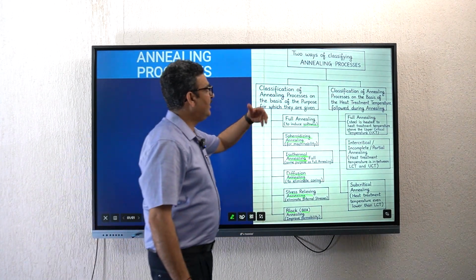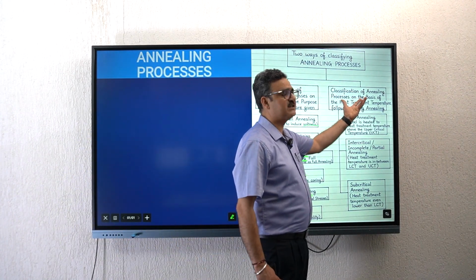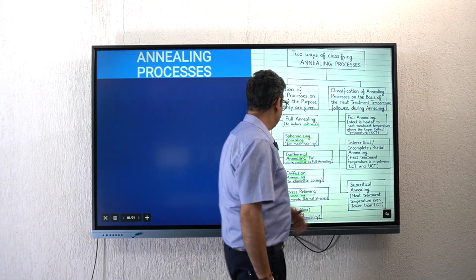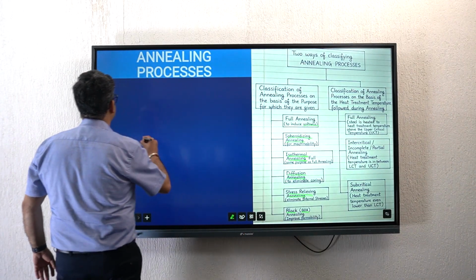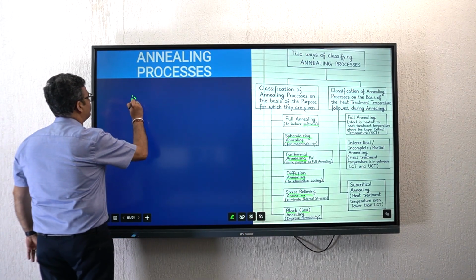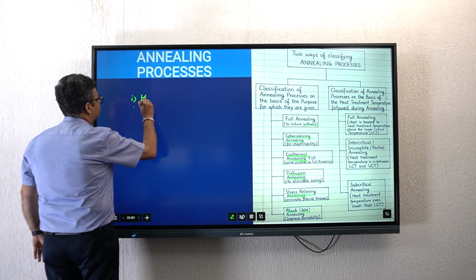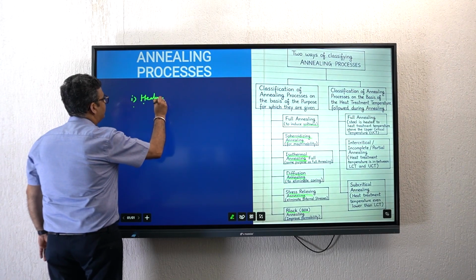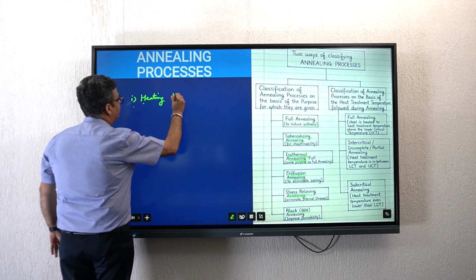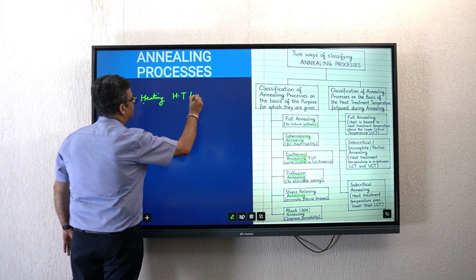So this is one way how classification of annealing processes is done. But there is another way how classification of annealing processes has been done in literature. And that is on the basis, as I said, that in every heat treatment process there are three main steps. The first step is heating the steel to a particular heat treatment temperature.